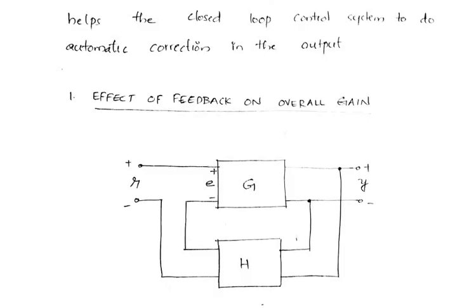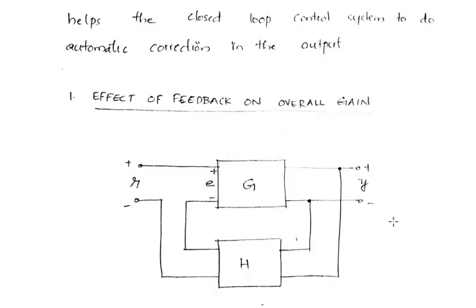But here, to that particular system, we have added a feedback element with the gain H or H of S. So now we have a closed loop system. The gain in the forward path is G and the gain in the feedback path is H. Without feedback, without this H element, the gain would be G alone.